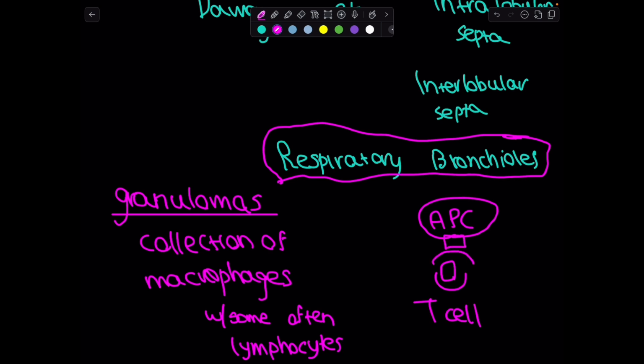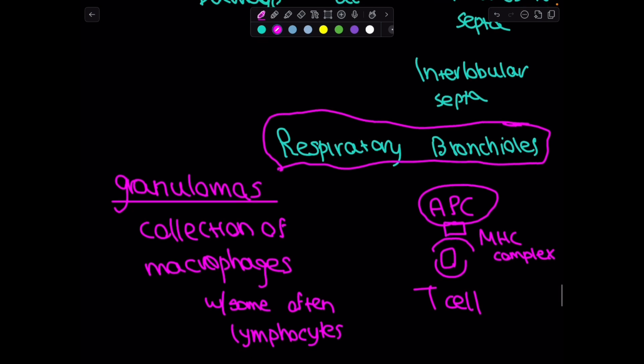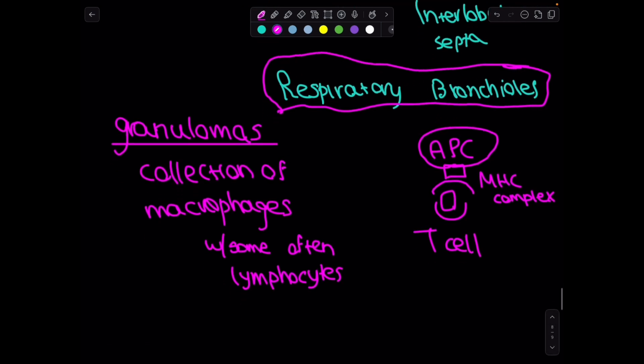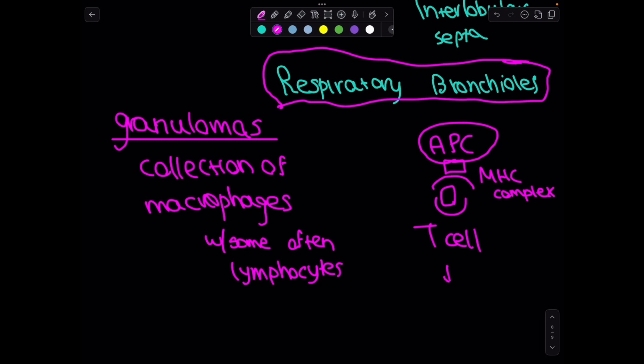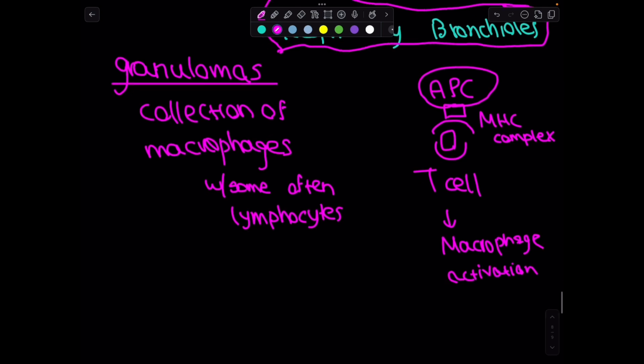In interstitial lung diseases like sarcoidosis, granuloma formation starts when an antigen, e.g., from inhaled particles, binds to a T cell receptor on a T cell, but only after an antigen presenting cell, APC, like a dendritic cell or macrophage, processes the antigen and presents it via the major histocompatibility complex, MHC, class 2, to the T cell.